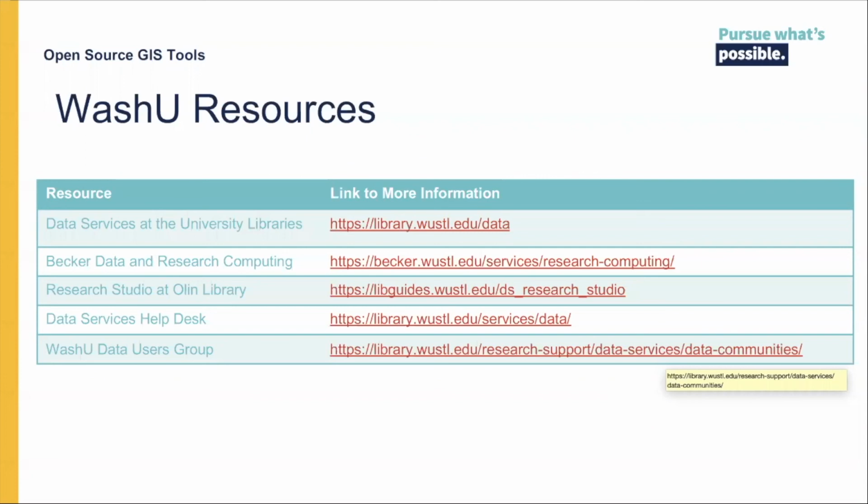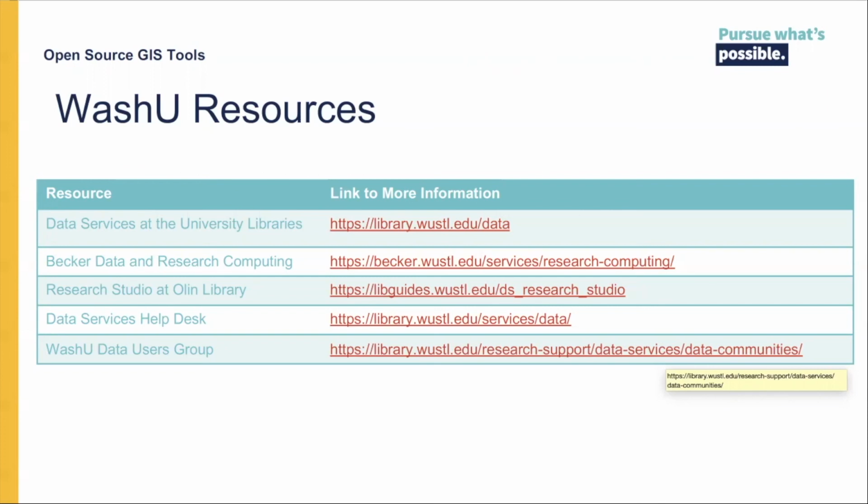We also have a research studio. I'm not sure if we have GeoDa on there, but we do have QGIS, we do have RStudio, we do have some Python. So you're able to use these various packages. And if you need help right now, look at the times of our Data Services help desk.